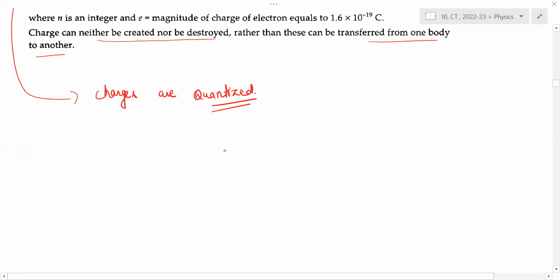Next, one more important point we will understand. Let me understand if this is my circuit. This is plus, this is minus. If charge is moving, say the current is I. The electrons will be moving; what would be the direction of the electrons? Let's say this is A and this is O. Will the movement of electrons be from O to A or A to O?